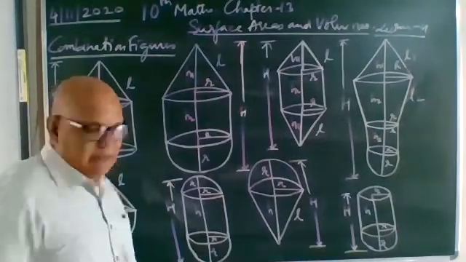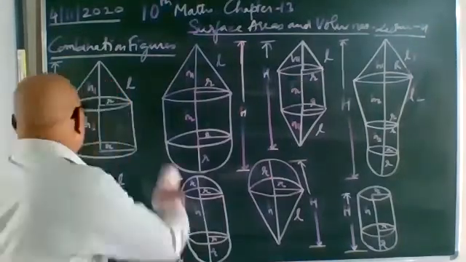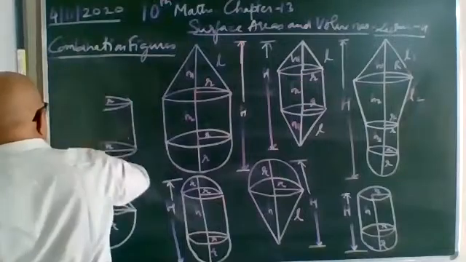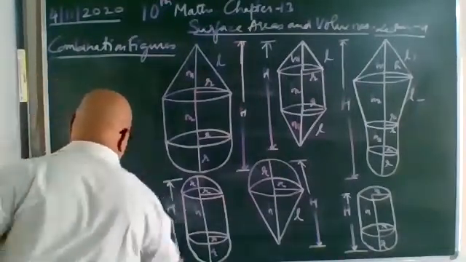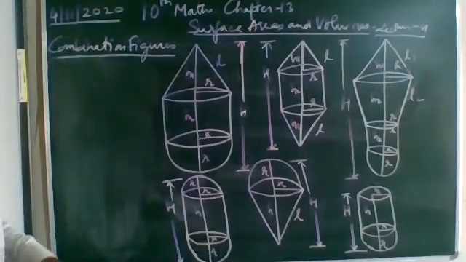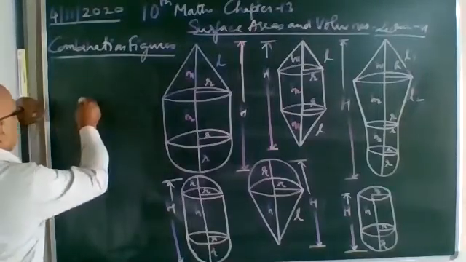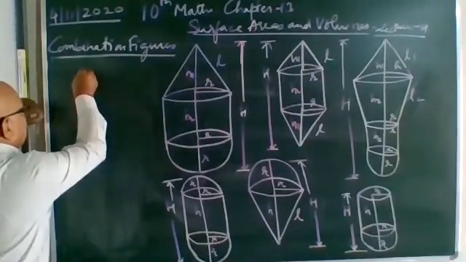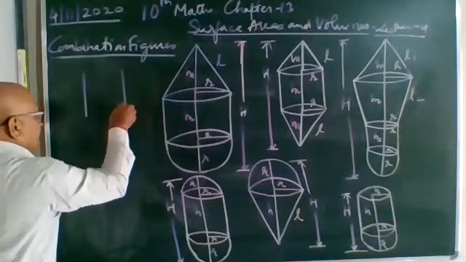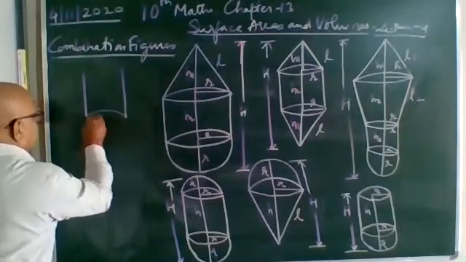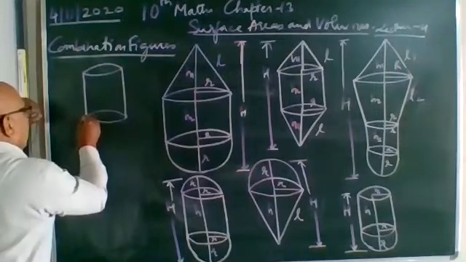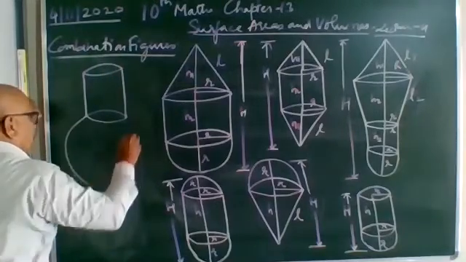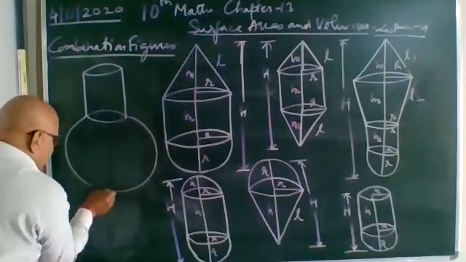Now sometimes we have a figure like this. A cylindrical neck is there, and this is a hemispherical part.